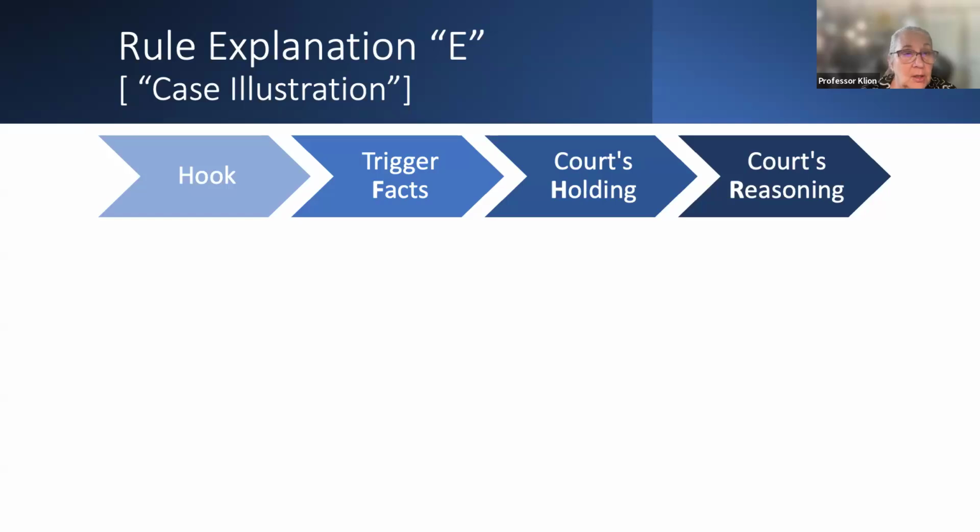You need a hook, and then you need a case illustration, and at least one other case that supports that hook. You could have 2 case illustrations under one hook. You could have 3. You could have 1 case illustration and an explanatory parenthetical, but every hook needs to be supported by at least one thing, at least 2 cases.